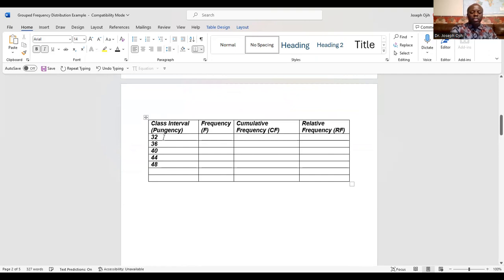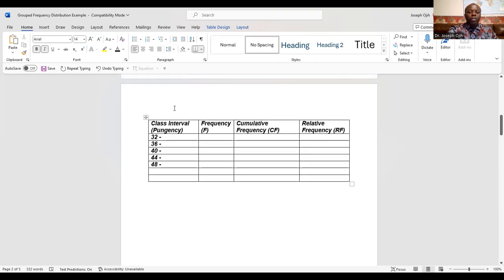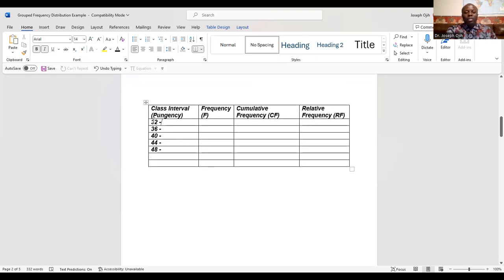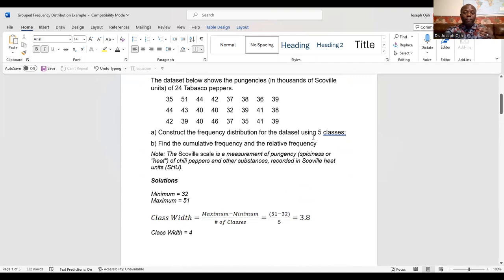Then you put your dashes. These are your dashes, right? Now, this is where we play a small trick. You know that this is 1, 2, 3, 4, 5. This is because the question says specifically using 5 classes.